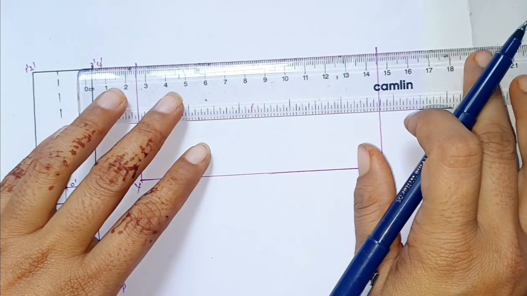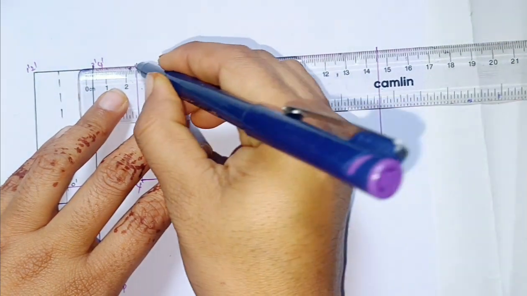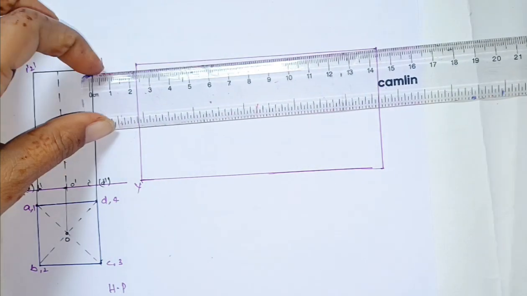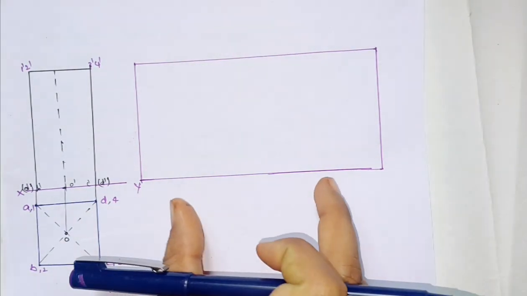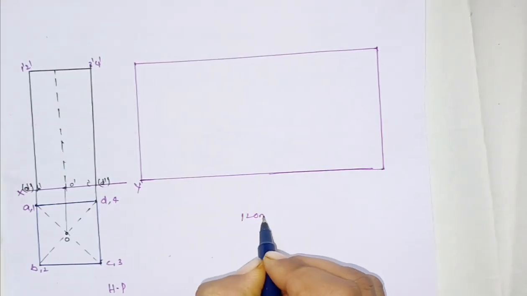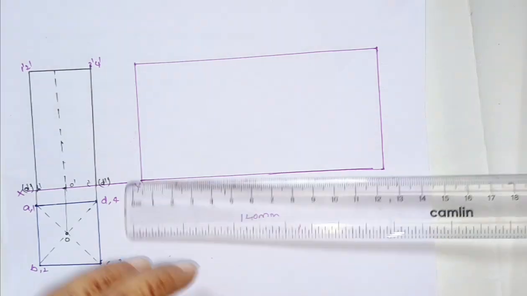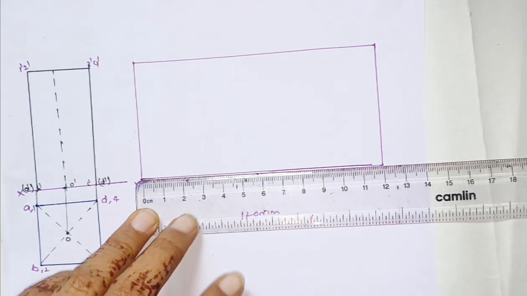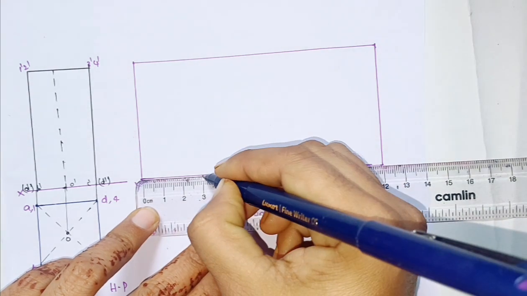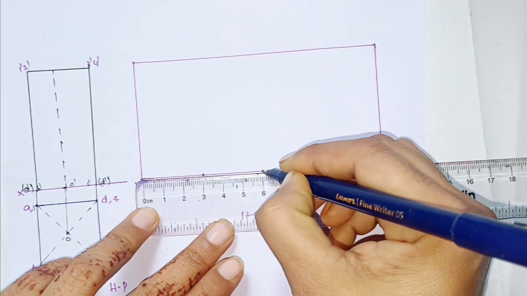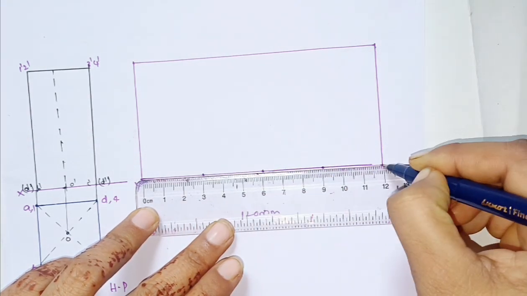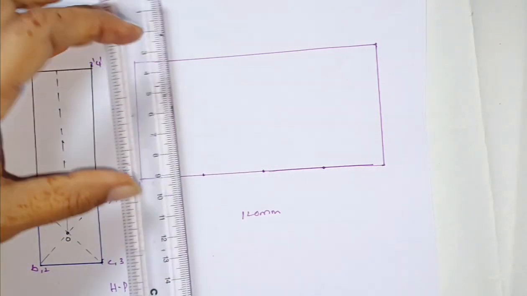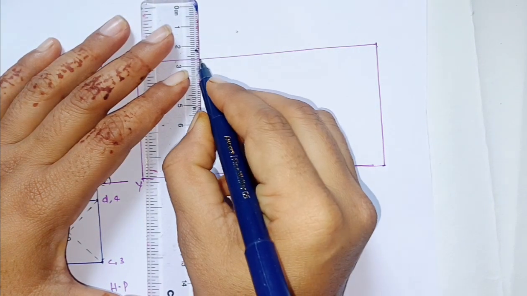Then close the rectangular box with the given distance, and divide the 120 mm length into 4 equal parts. Why? Because the square has 4 sides. So mark 3, 6, 9 and 12. Next you have to draw the vertical lines.